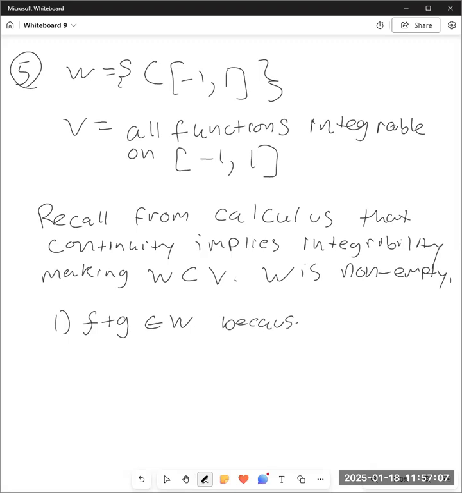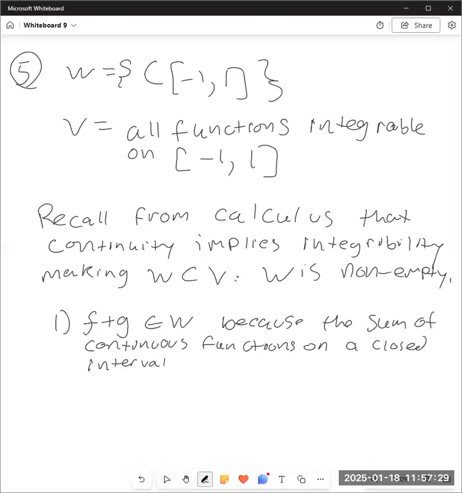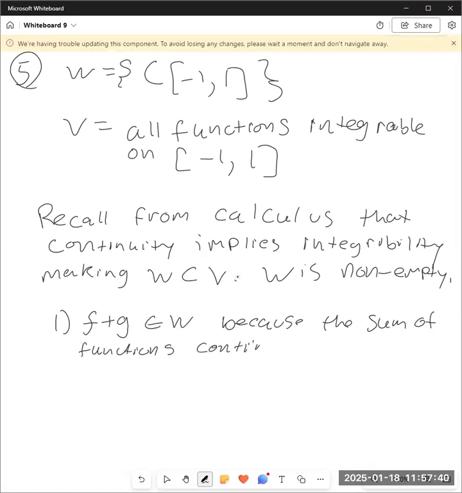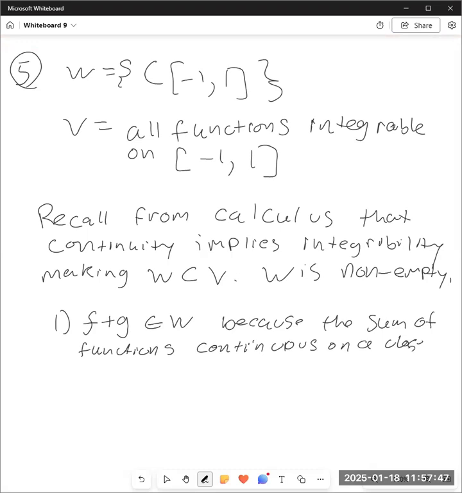Yes, because the sum of functions continuous on a closed interval is continuous on that closed interval.